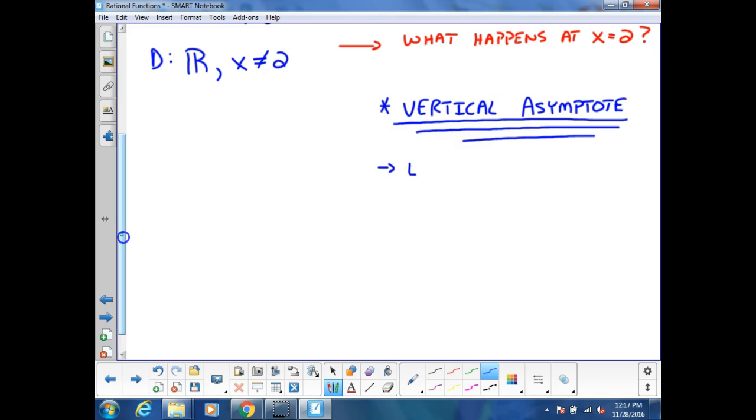First off, it is a line that the function does not exist there.